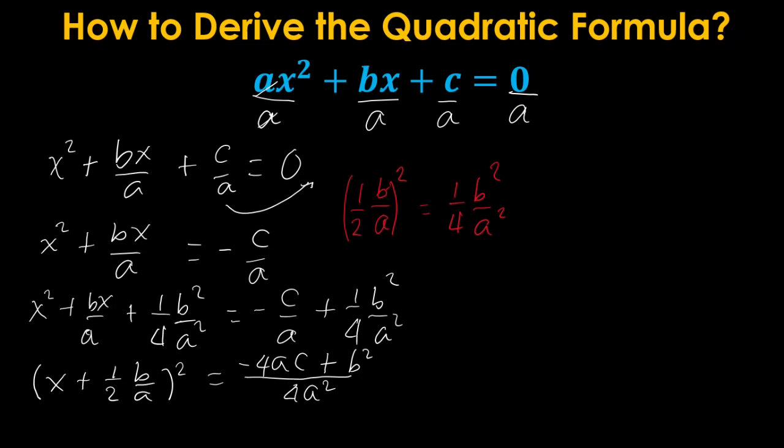What we're going to do next is to square root both sides. And when we square root both sides, we have two values of our roots. So we have plus or minus here. Our square here will cancel out because we square root it.